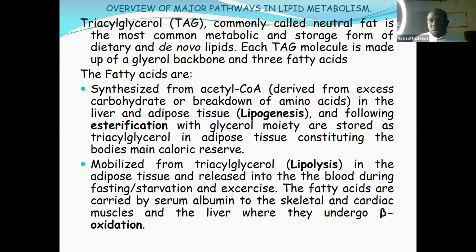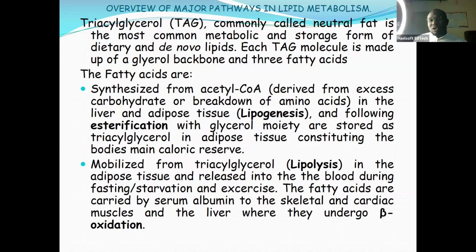Now, let's talk about where these fatty acids are synthesized from. Fatty acids are synthesized from acetyl-CoA. And this acetyl-CoA can be derived from the excess carbohydrate breakdown or the breakdown of amino acids. This can occur in the compartment of either the liver or the adipose tissues. Also, there's what they call lipogenesis and lipolysis.